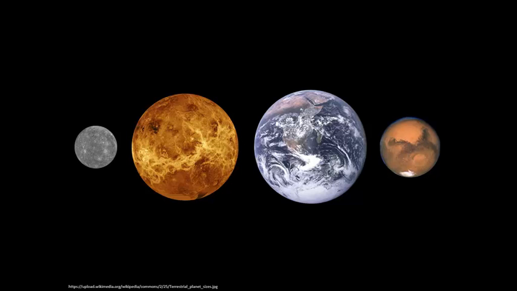So what we're going to start off with today is talking about the four terrestrial planets. And when we look at these four terrestrial planets, we can see that they are all made up of rock and metal. What I mean by rock and metal, I don't mean necessarily some specific compound or specific element, but we talk about it in general terms.